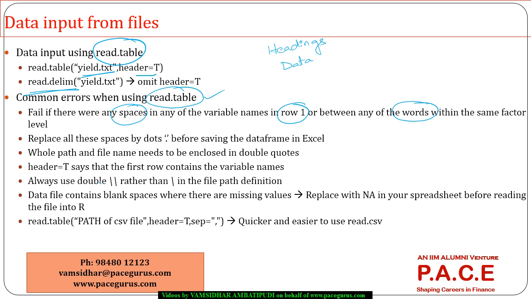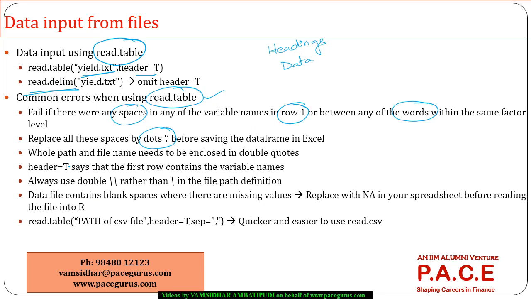The system would not be able to read the data properly, right? And if that is the case, I should be able to find and replace all the spaces with some other notation before I really get it into R.